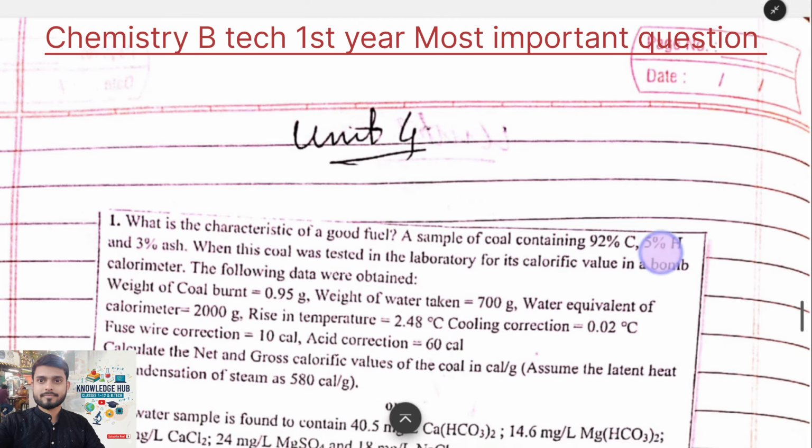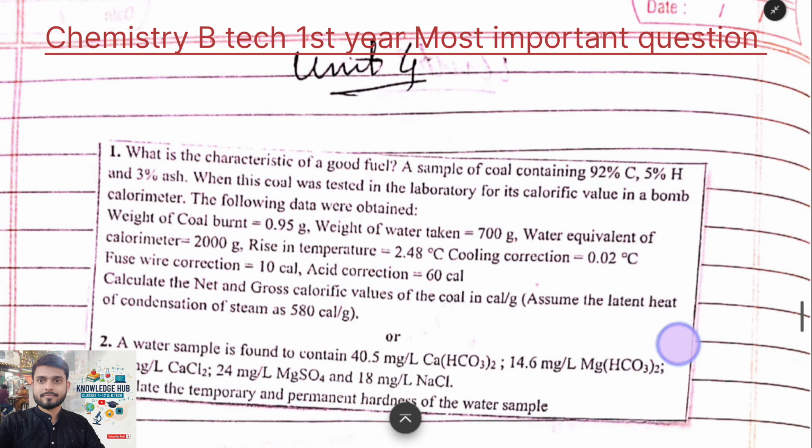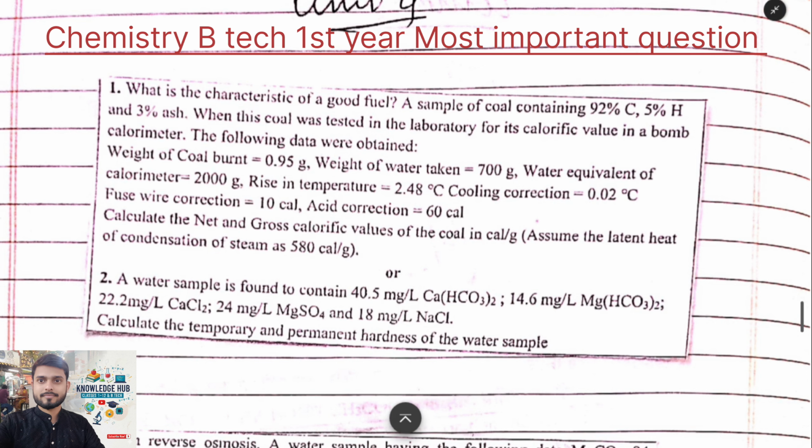Now we will proceed to Unit 4. The question is: what are the characteristics of a good fuel? A sample of coal containing 92% carbon, 5% hydrogen, 3% sulphur. When this coal was tested in the laboratory for its calorific value in a bomb calorimeter, the following data were obtained.